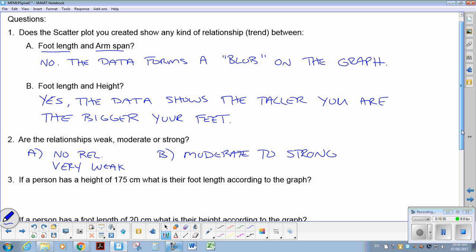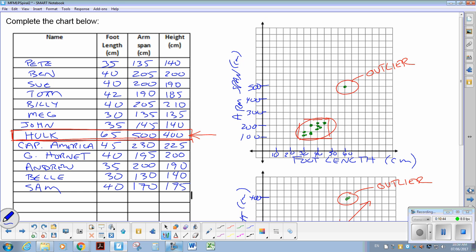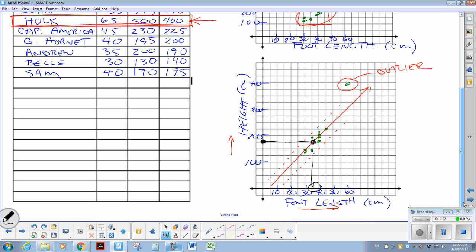All right. If a person has a height of 175 centimeters, what's their foot length? So we gotta go back to that graph. We need to find 175 centimeters. So using black, I guess, 175 is right here. So if I go across, it's in this region right here, I would expect a person to have a foot length of about 35 centimeters.